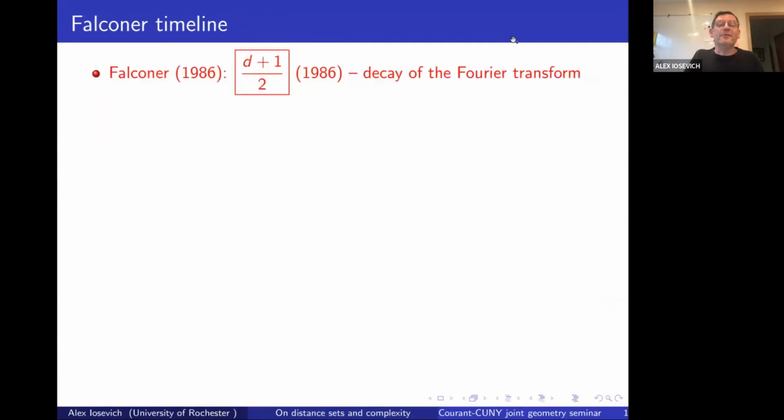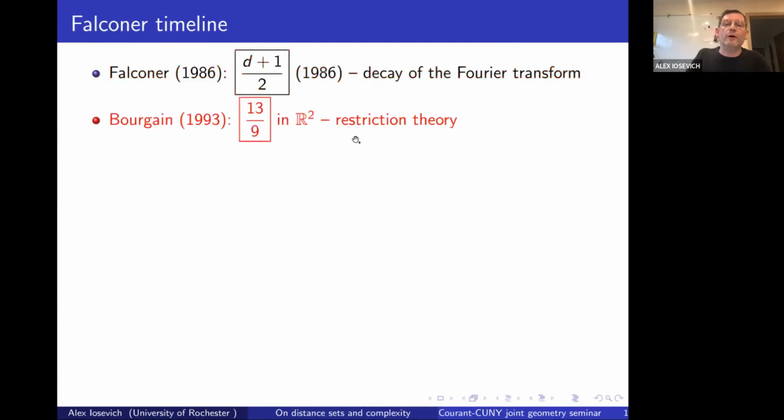Let's go. So just a quick timeline to get an idea across of how much people are suffering over this problem. Okay, so the exponent d plus 1 over 2 was obtained by Falconer in 1986. It was improved by Bourgain to 13/9 in the plane, but as always, Bourgain did much more than improve the exponents. He laid down the method, which is the basis of everything that has been done since then on the problem.